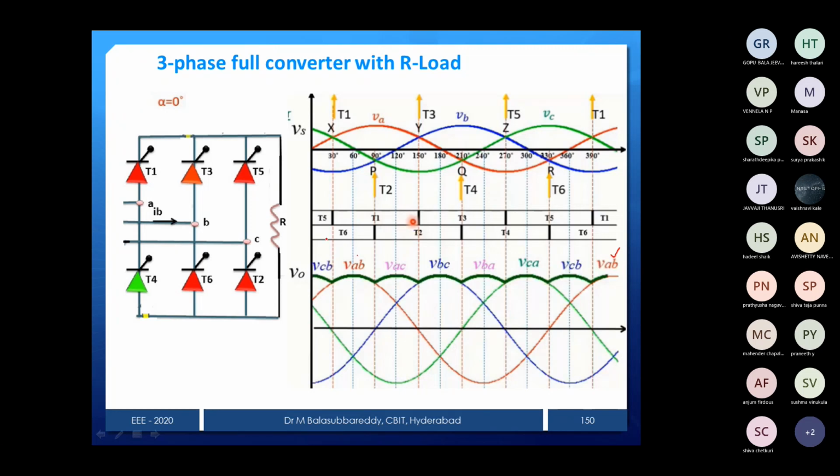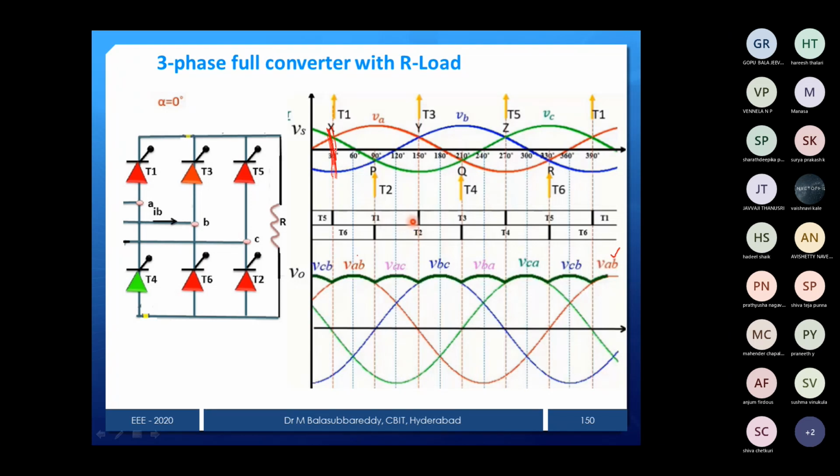We started here. You can see there is a firing pulse for T1, and at any instant you can identify which devices are going to be forward biased. Suppose this is the instant I want to know. Tell me, what devices are going to be forward biased? If you know the device number, you can easily know the output voltage because current passes only through those devices.